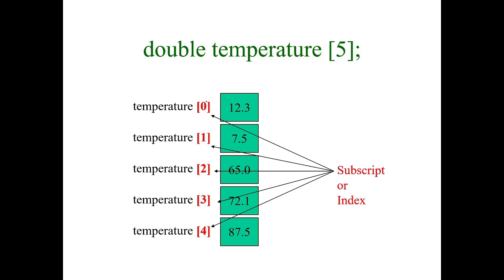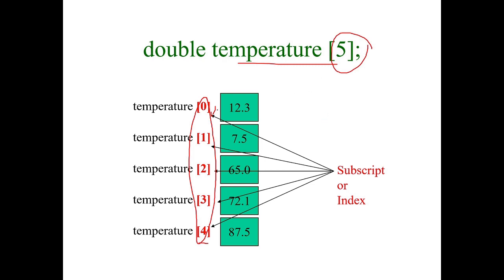This is what we call the index or subscript. It's commonly known as index. So from 0 to 4 is what we call index. Again, in double temperature 5, you can store 5 numbers, but the index is only until 4.